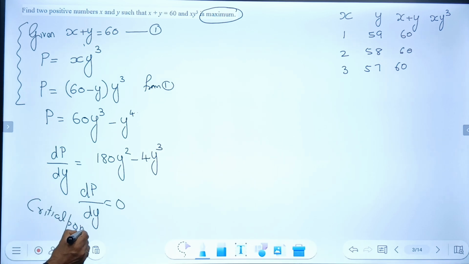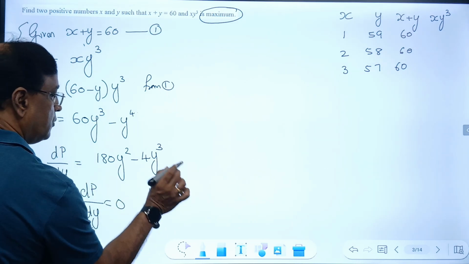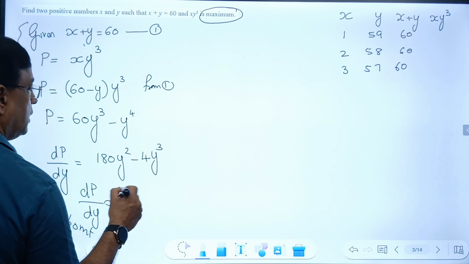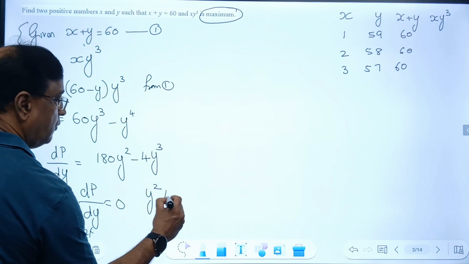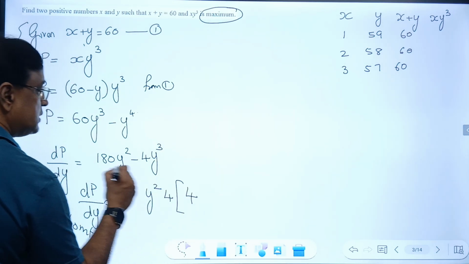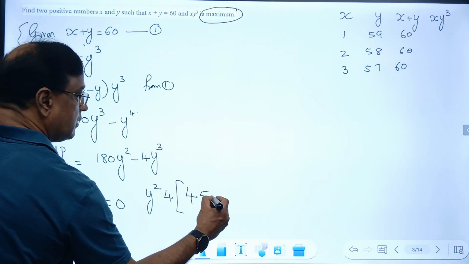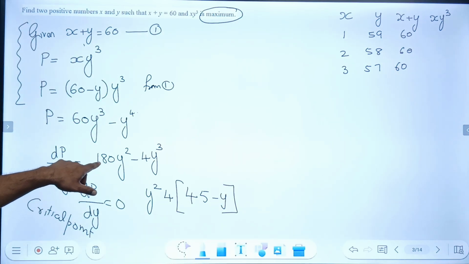Okay? I am finding the turning point. So it will be 180. Sorry. I will take y square out. I think I can even take 4 outside. If I take 4 outside, what will I get? 4 fours are 16, 45 I think. Correct? Yeah, I think it's perfect.